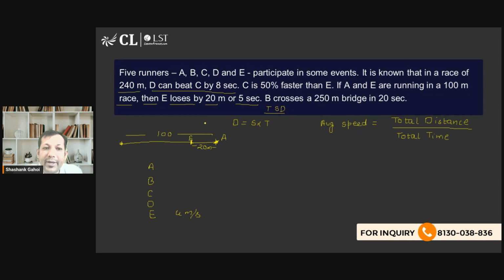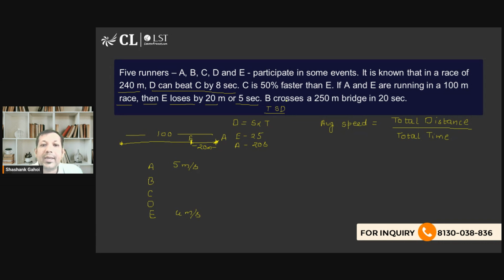To cover 100 meters, E is going to take 25 seconds, right? And A is beating E by 5 seconds. It means A must cover those 100 meters in 20 seconds. So what is the speed of A? That is going to be 5 meters per second. That's what we got.